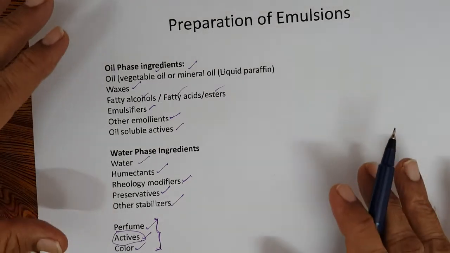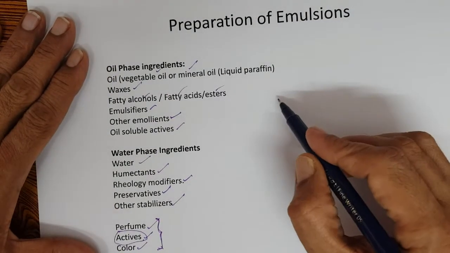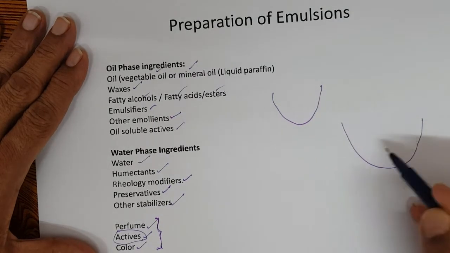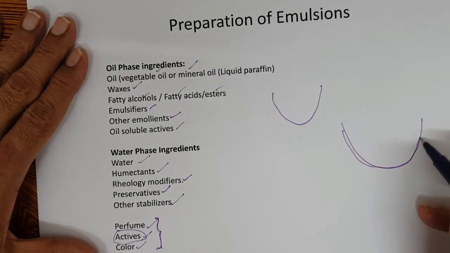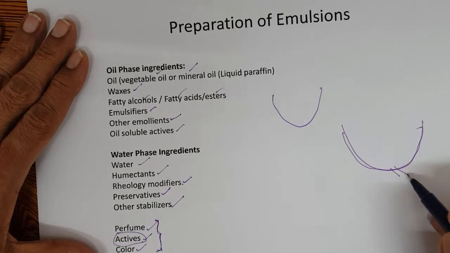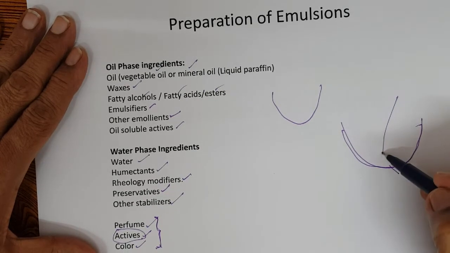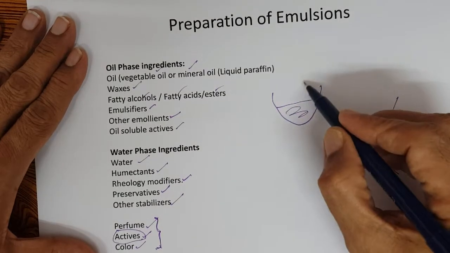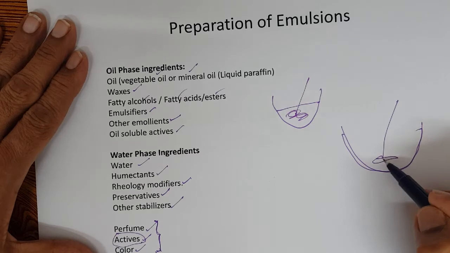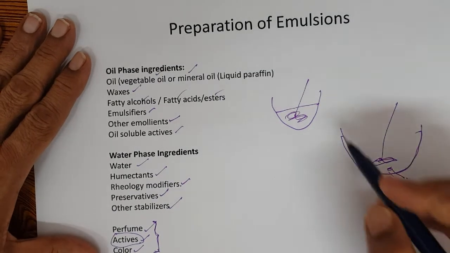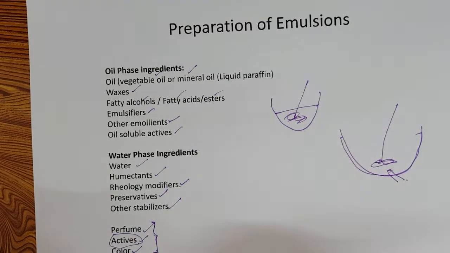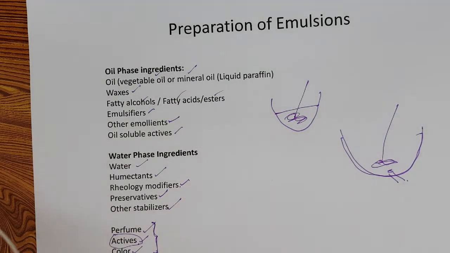So this is the preparation, where you have the homogenizers and all those things. This is the phase kettle and this is the main mixer. So what happens, for example, you think that we are adding oil phase to water phase.